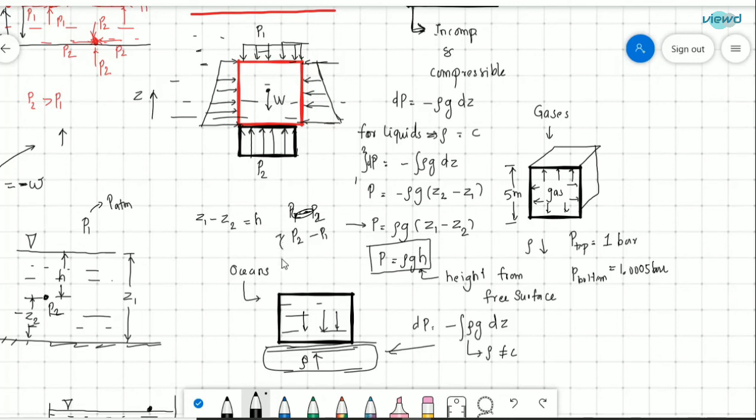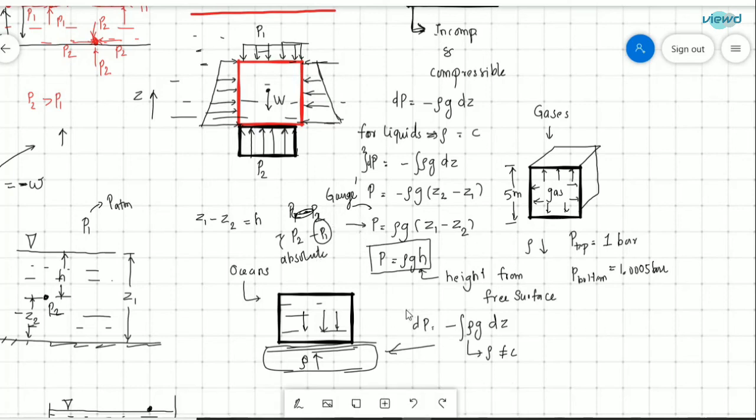So this P2 is the absolute one. And if we neglect this atmospheric pressure, this will be gauge pressure. So P2 minus P1 is equal to P, and this is the gauge pressure and this is the absolute one.